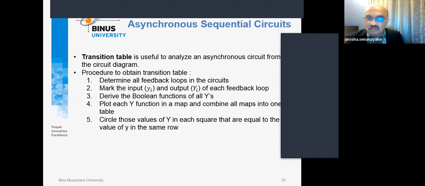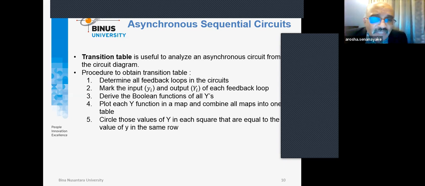State changes are in transit, before the complete output Z is produced. Preparing the transition table matters much, but not only that, you have to learn many more tables. Today you are going to learn many more tables, not just this table.